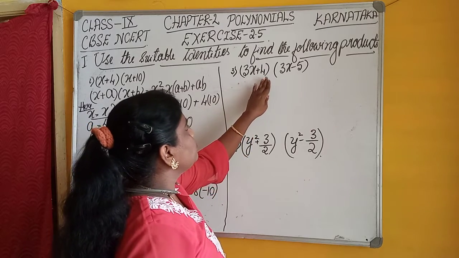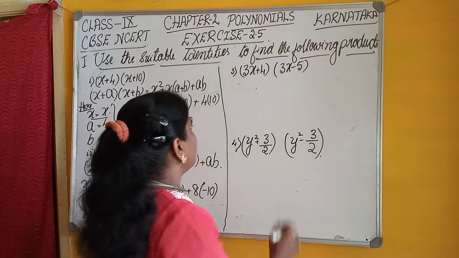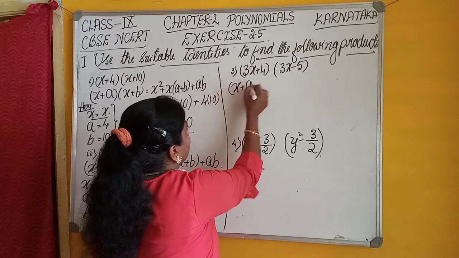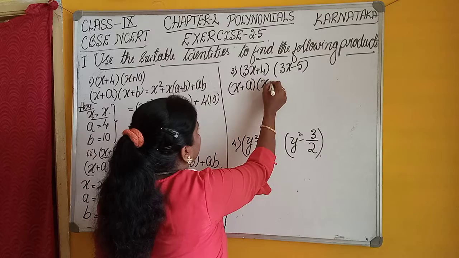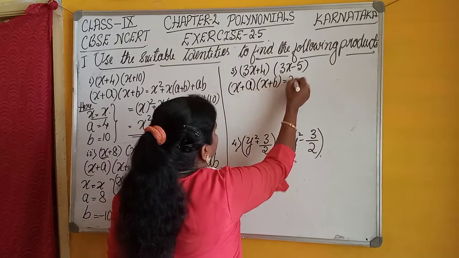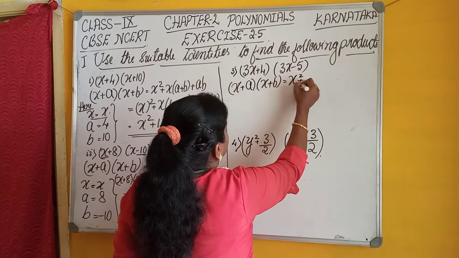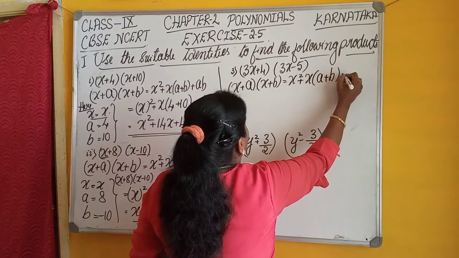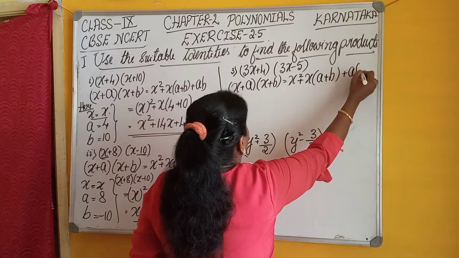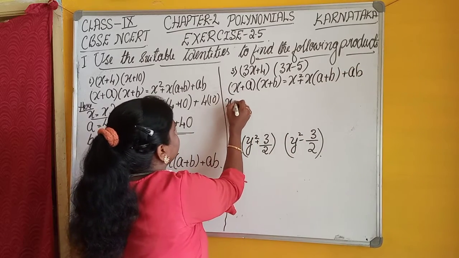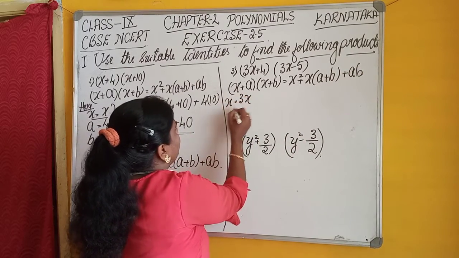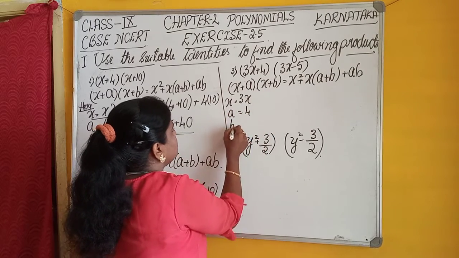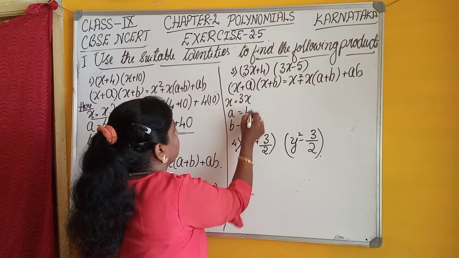Here 3x plus 4, 3x minus 5. This is also in the form of (x plus a) into (x plus b), which is equal to x square plus x into (a plus b) plus ab. The value of x is 3x, the value of a is 4, and the value of b is minus 5.